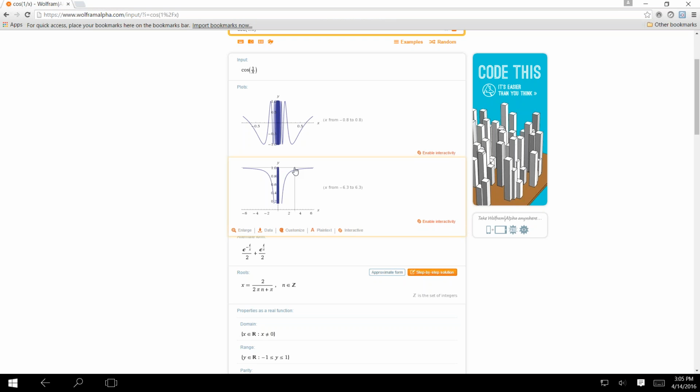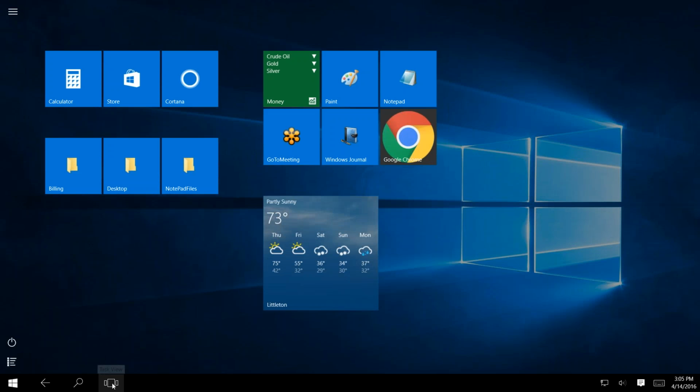If I went out to this one that's zoomed in, there's an asymptote right there that this part of the function is going to approach as you go further and further to the right or further and further to the left.